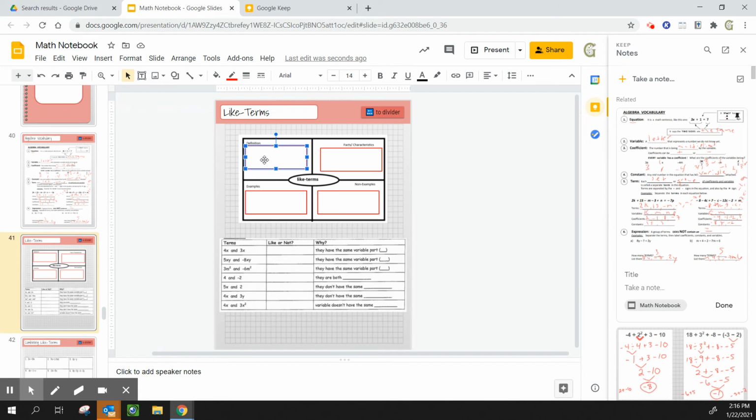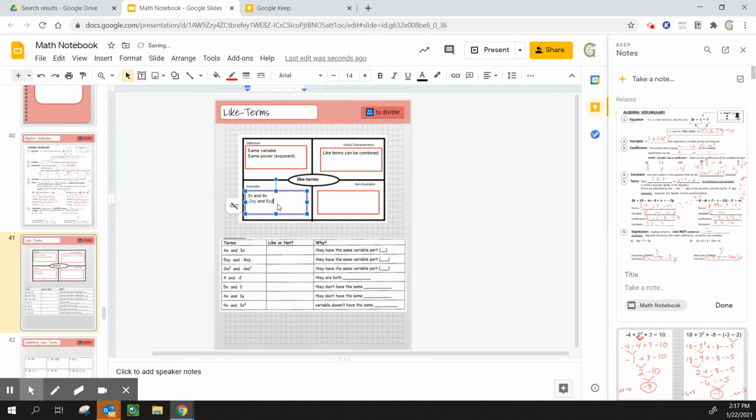So a like term is something that has the same variable and the same power, which is an exponent, right? And if they are, like terms can be combined, which is what we're going to talk about tomorrow. So an example of like terms would be something like 3x and 9x. Both have x's to the first power. You could also have something like -2xy and 5xy.